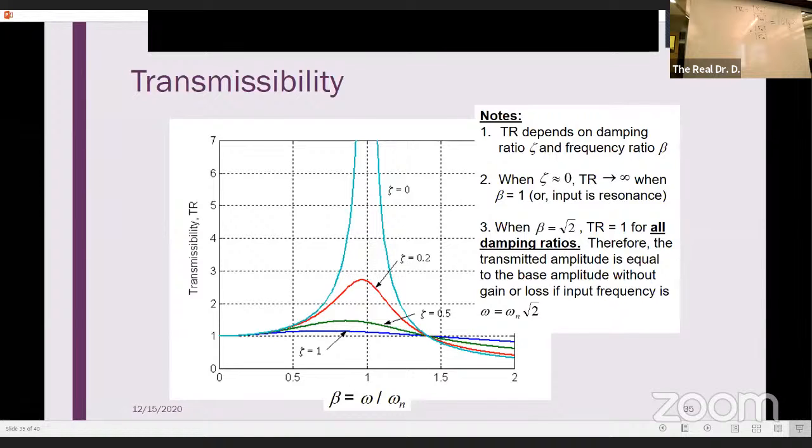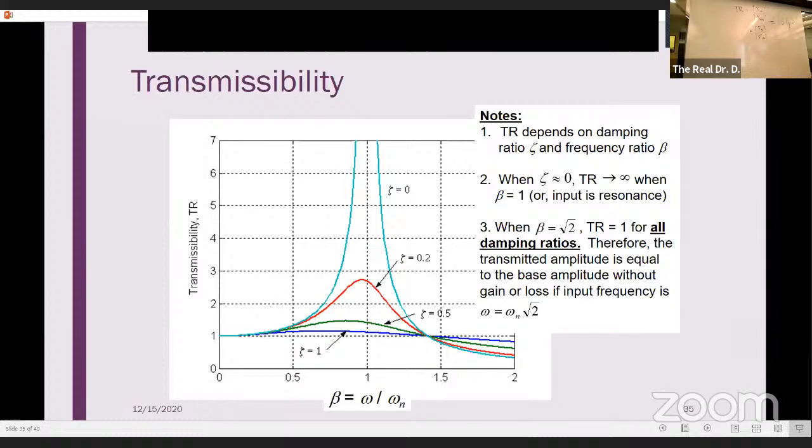Transmissibility being greater than 1 means that I amplify my system response, and I'm operating at the natural frequency. If I have low damping, zeta equal to 0, essentially none, then I get an infinite spike at omega n. This means that by running at the natural frequency, I've transmitted my inputs, whether it is a force or a displacement, by infinity, which is very large. So I don't suggest doing that.